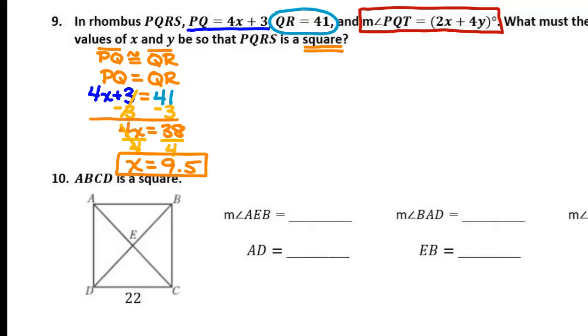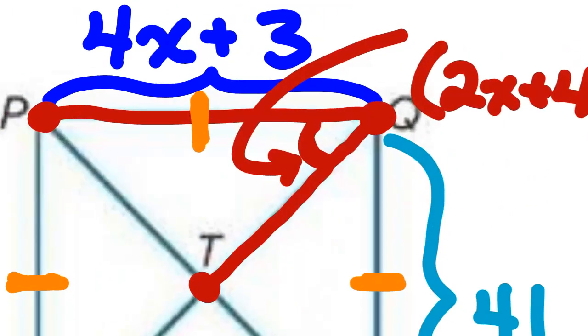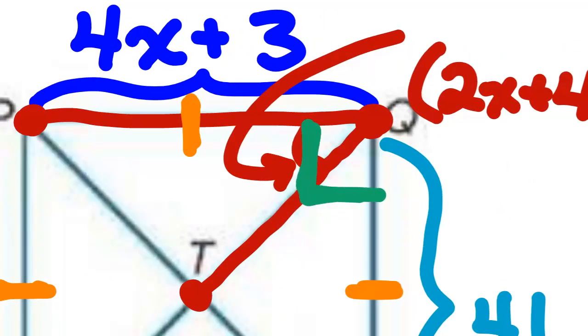Well, I want you to look at this angle right up here. I know how many degrees that angle is, even though the problem didn't say so, because I want this to be a square. Talk to me about the full corner on a square. It's 90. So this corner up here, if it was the whole thing put together, would be 90 degrees. But I don't have the full 90 degrees. What's the diagonal doing to that 90-degree angle?